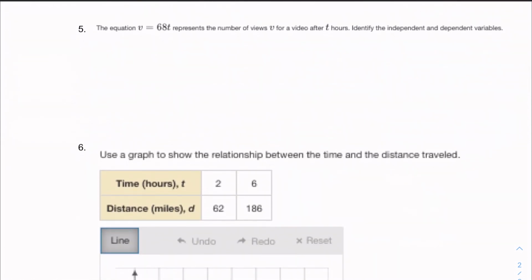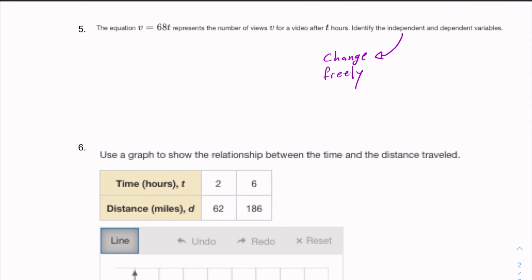Number 5, v equals 68t, represents the number of views that video gets after t hours. Identify the independent and dependent variables. So remember, independent variables can change by themselves, change freely. Dependent variables depend on the independent variables.